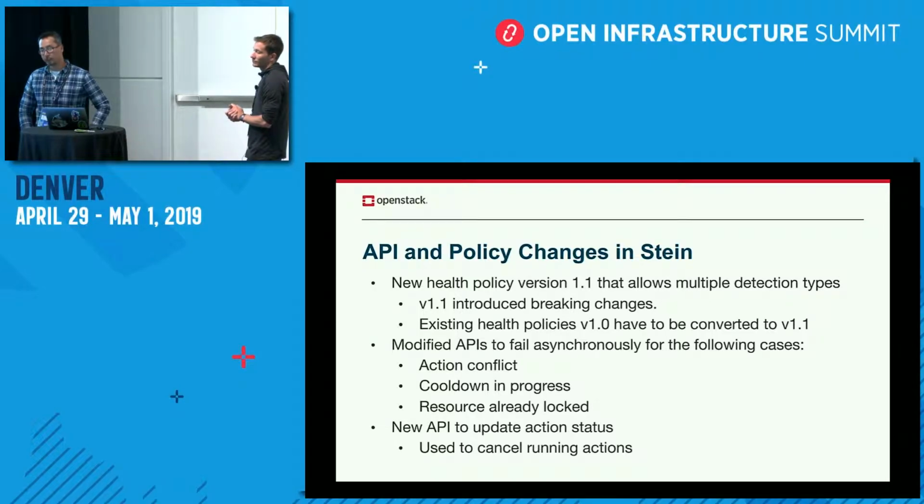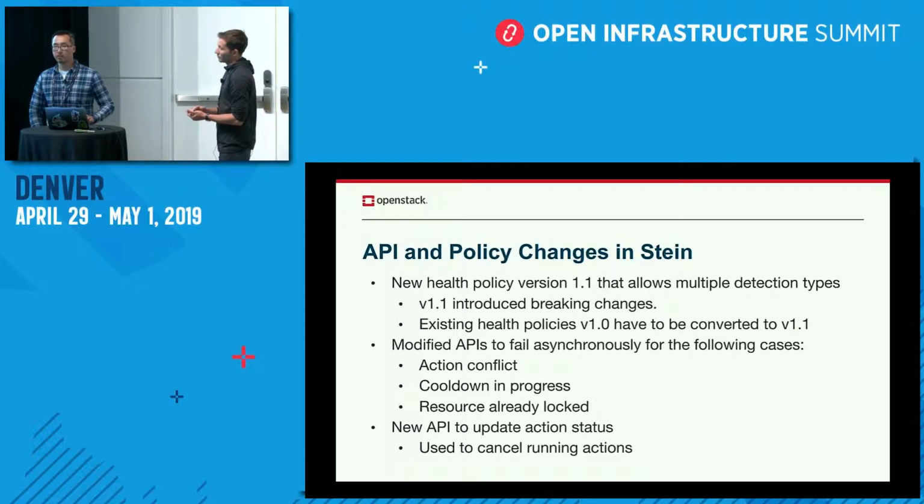So specifically, we had a few API and policy changes in Stein. We introduced the new health policy version 1.1, which allows you to specify multiple detection types. What a health policy does is it allows you to specify ways to check if a VM is alive or not. And in version 1.1, now you can specify multiple detection types.